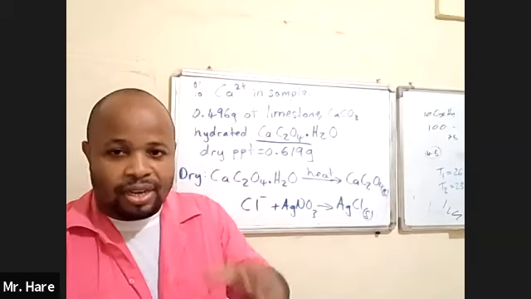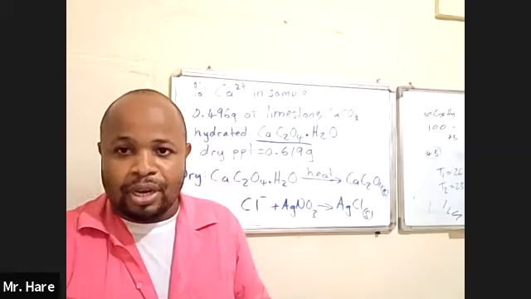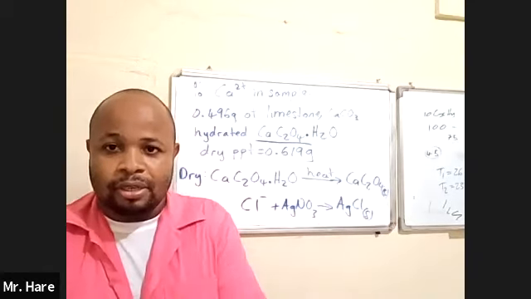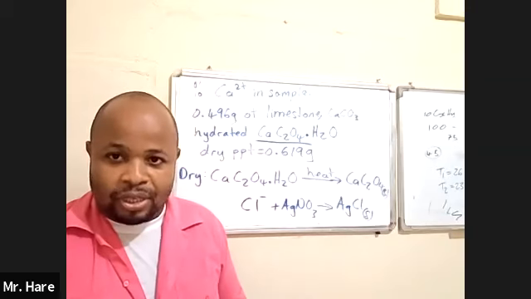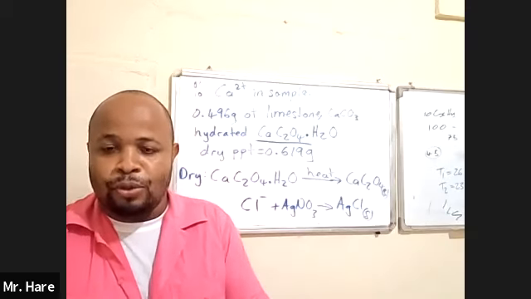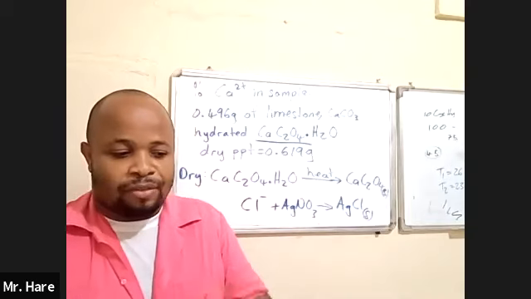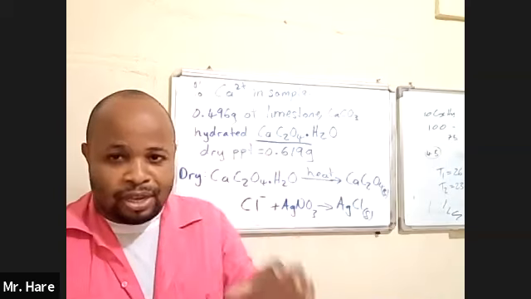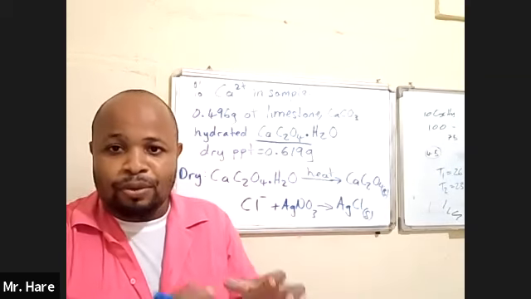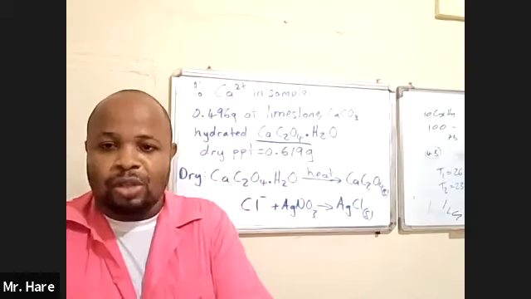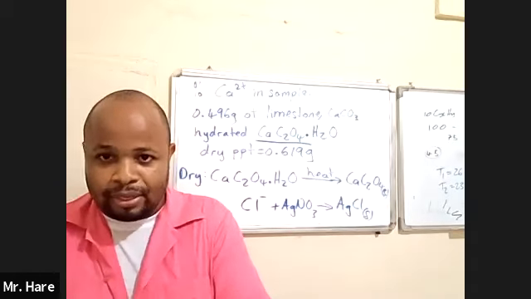So now that the calcium ion is free, we need to convert it to a precipitate, because gravimetry deals with mass. We are going to weigh, so we need to convert the calcium ion to a precipitate so that we can collect it and weigh it.